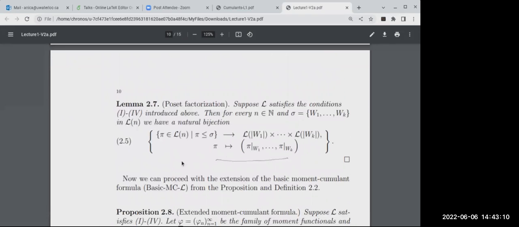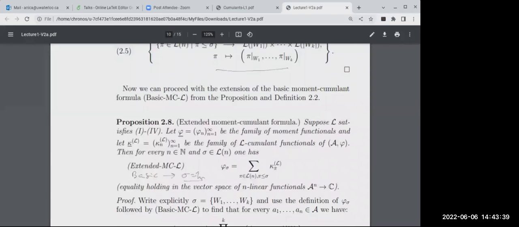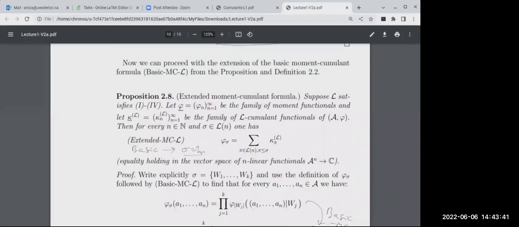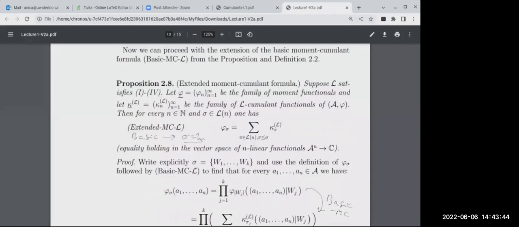They are phrased as a bijection: the collection of pi's which are less than or equal to a given sigma is an interval in L of n, and it is canonically in bijection with a direct product of such lattices.